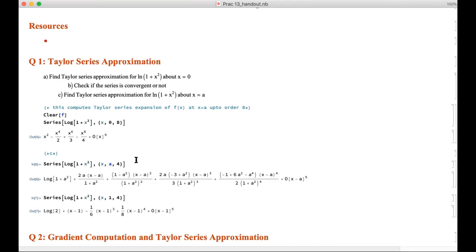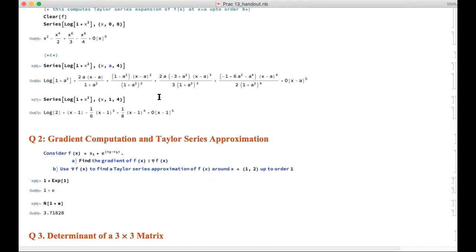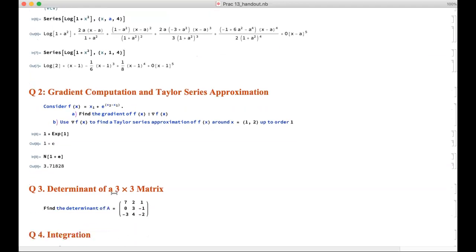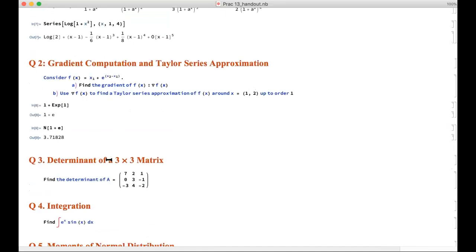All right. Let's start. I need to share my iPad screen. And for the rest of the questions, I wouldn't show the questions, but use my iPad to compute the solutions. The second question is about finding gradient and approximating the function f(x), which has 2 variables, with Taylor series approximation.